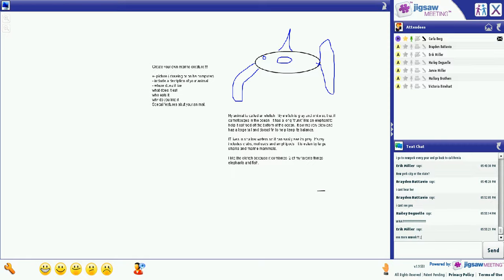Its prey, that should say, includes crabs, mollusks, and amphipods. It is eaten by large sharks and marine mammals. I like the elefish because it combines two of my favorite things, elephants and fish. And that is what you are going to do for homework. You can be as creative as you want for this assignment.